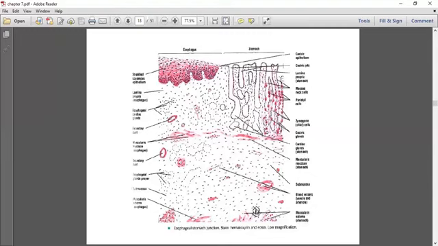At the junction, structural modification occurs for the transformation from clusters of multicellular esophageal glands into unicellular glands.